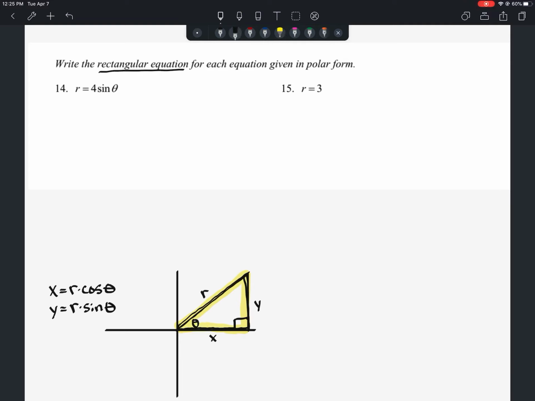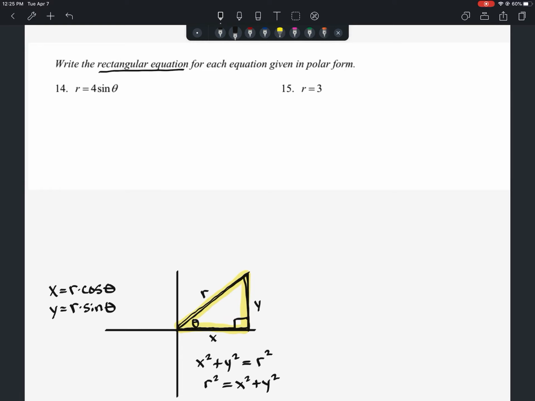Using the Pythagorean theorem, x squared plus y squared equals r squared, or r squared equals x squared plus y squared.